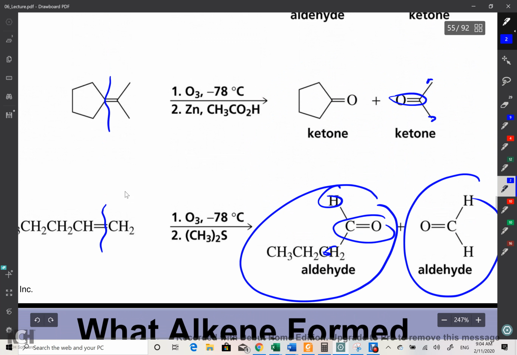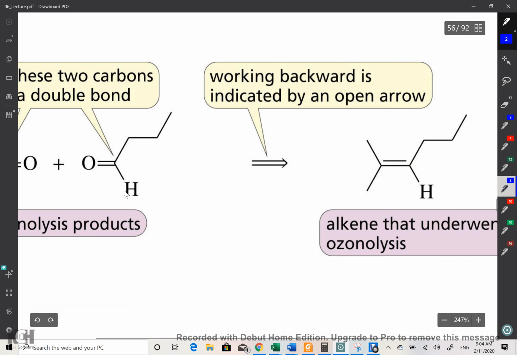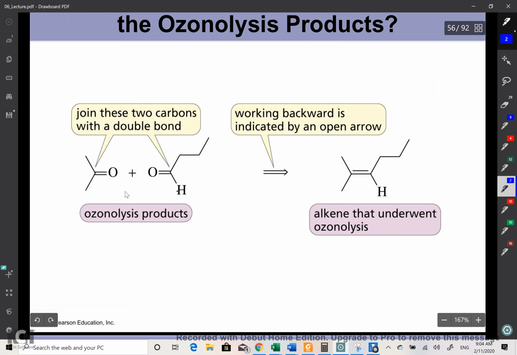Now, in addition to ozonolysis, I want you guys to be able to look at the product of ozonolysis and guess what alkene was used to perform the ozonolysis reaction. We usually refer to that as a retrosynthesis. So if I give you these two products and ask you to guess the alkene from which these products are obtained, all you need to do is delete the oxygens and combine them together.